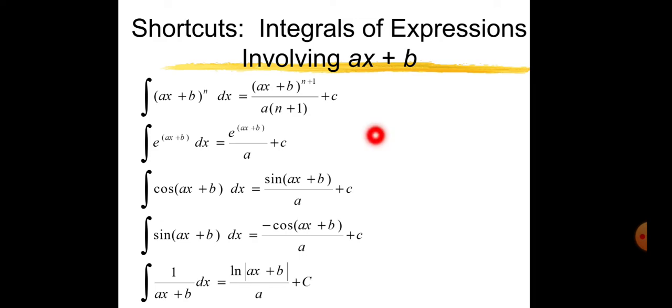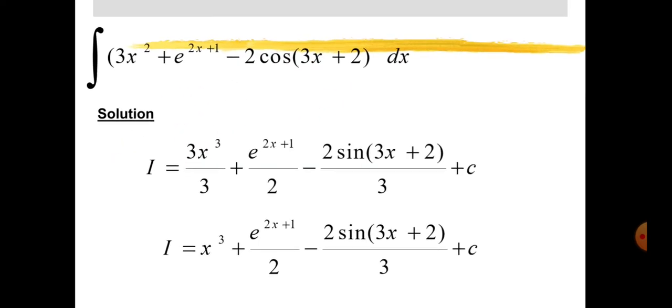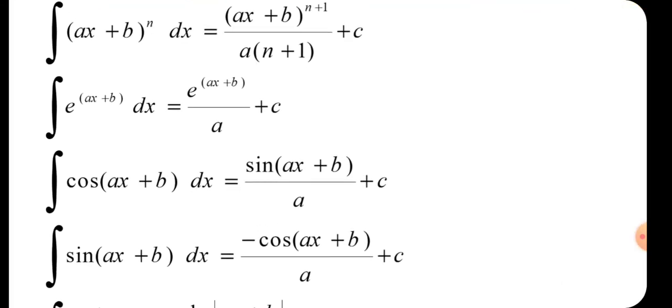We have some shortcuts for some expressions involving ax plus b. For example, if you have ax plus b to the power n, you can add 1 to the power and divide by the new power times the coefficient a, plus the constant c. If you have e to the power ax plus b, its integration is e to the power ax plus b over the coefficient of x, which is a, plus the constant c.